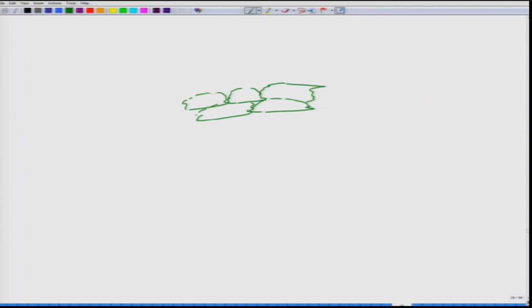Just for simplicity's sake, I am putting it like that, and these cells are suspended. The blue is some kind of extracellular fluid, and these cells are anchored to each other by extracellular matrix, as well as to the surrounding tissue by a certain degree of extracellular matrix.